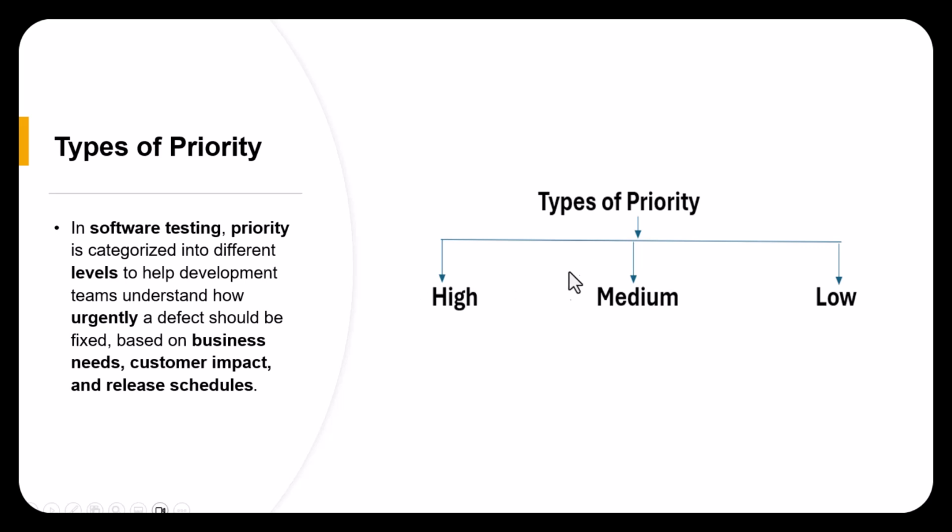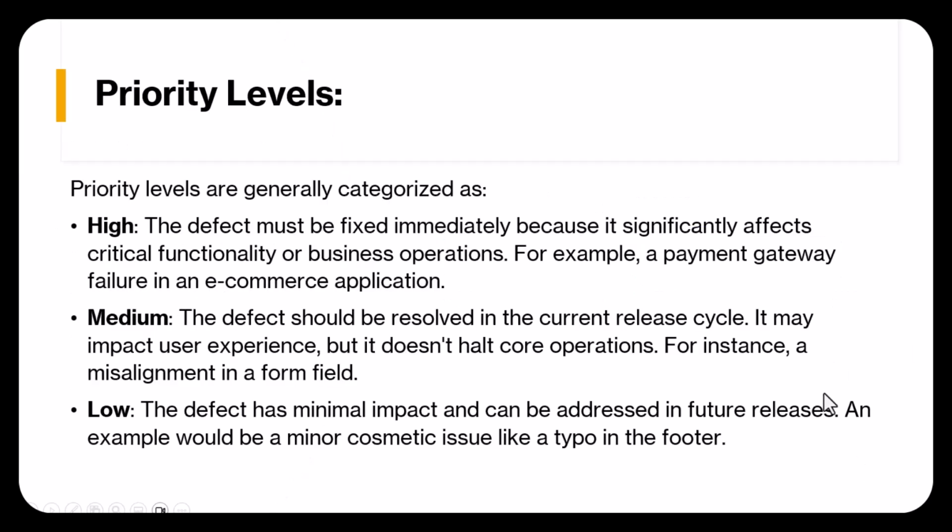Then the types of priority. There are three types I have mentioned here: high priority, medium priority, and low priority. First, high priority: the defect must be fixed immediately because it significantly affects critical functionality or business operations.